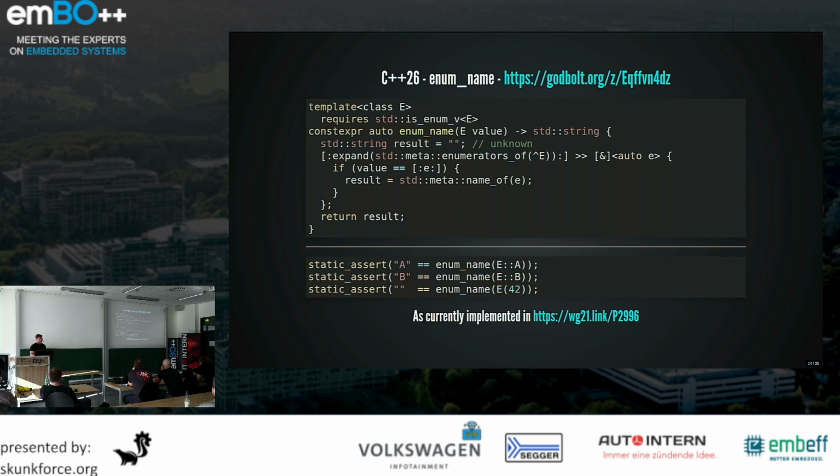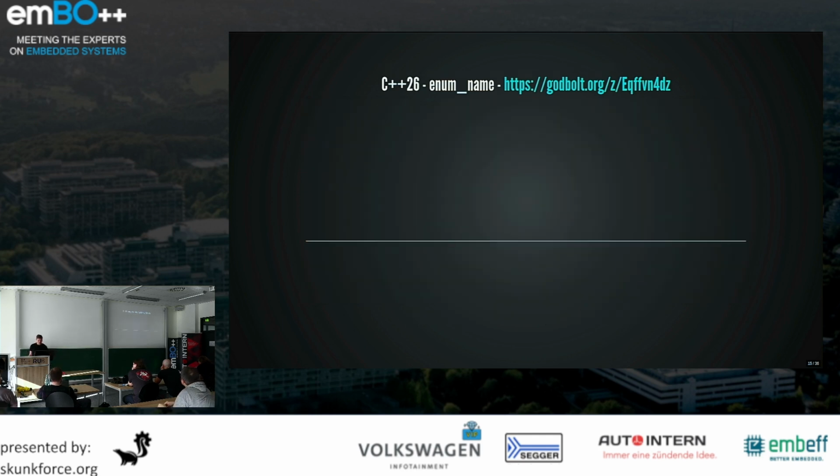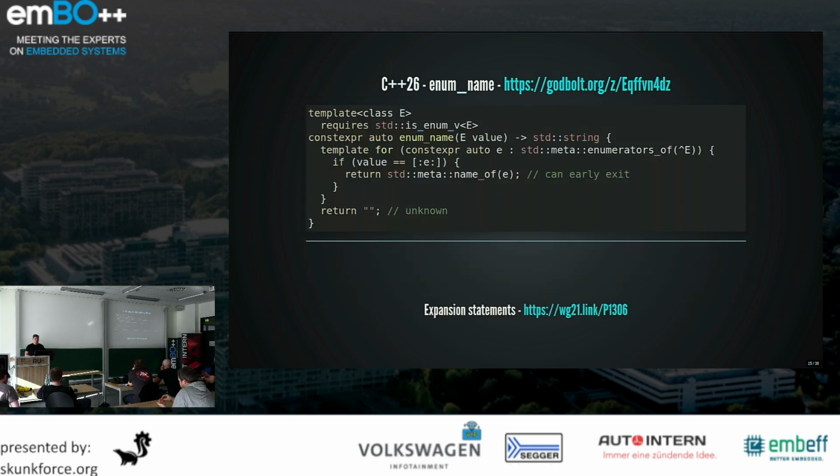So yeah, it looks pretty easy, right? I see a lot of issues with that, but there's a proposal which tries to fix some of the issues. So this expand and splicer, that was kind of weird. There's a C++26 proposal called expansion statements, where you can go through the tuple without the apply.